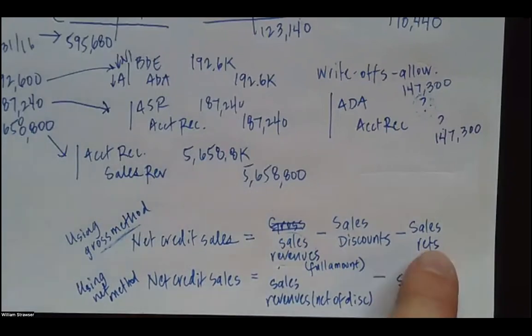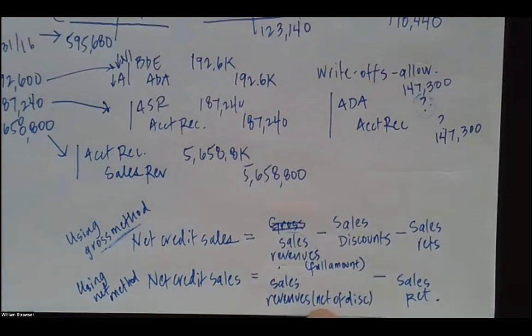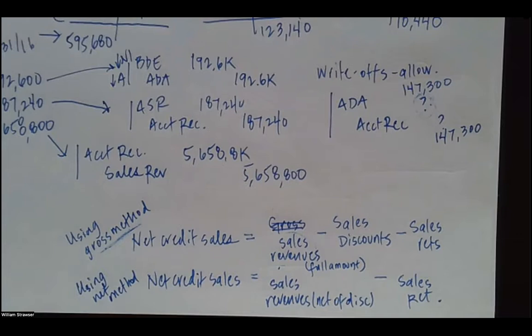And then if we have sales returns on top of that, we subtract that as well. Under the net method, the company records all revenue under credit sales already net of discount because we assume people are going to take the discount. And then all we have to subtract off on top of that is sales returns.